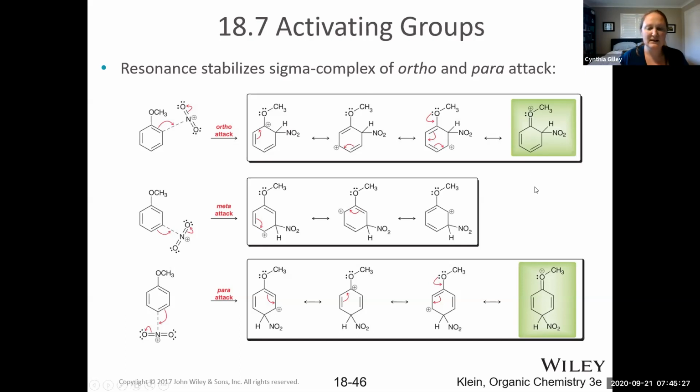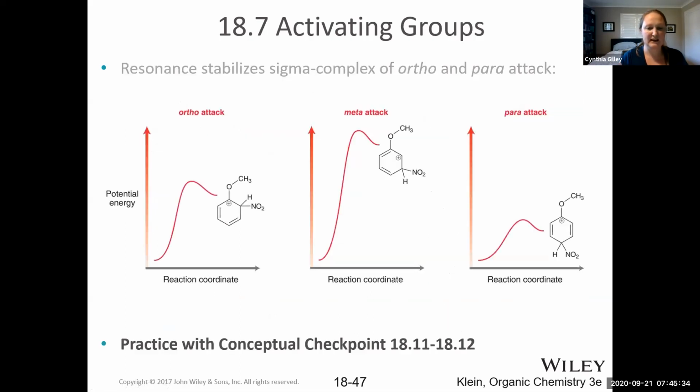So now it's even more stable, and it is a very strong ortho-para director. Again, it's going to have a much lower activation energy to get to a much more stable arenium ion. So the meta attack is very unfavored.